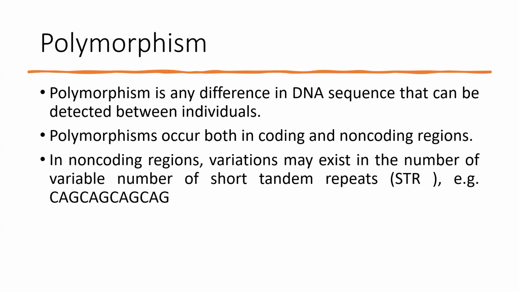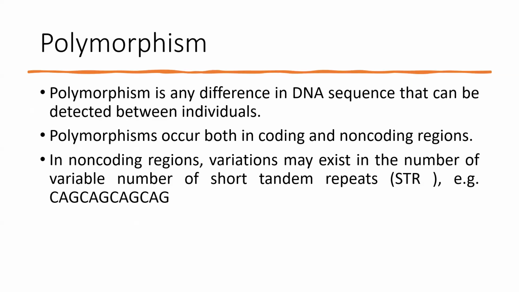Well, one type of polymorphism that we're particularly interested in when it comes to DNA fingerprinting is something called short tandem repeats, or STR. Tandem means one after another. And so they are repeats that go one after the other, and they are often very short, usually 2 to 3 nucleotides.